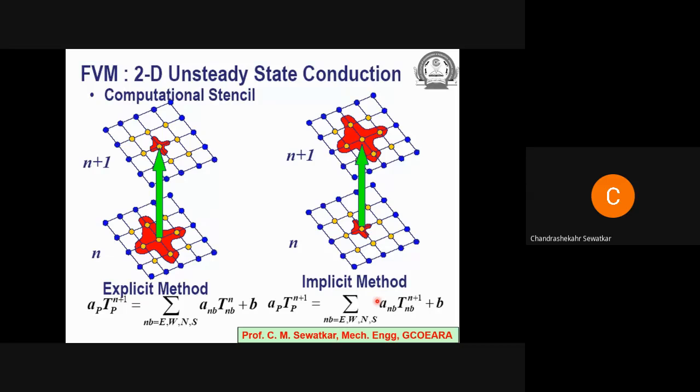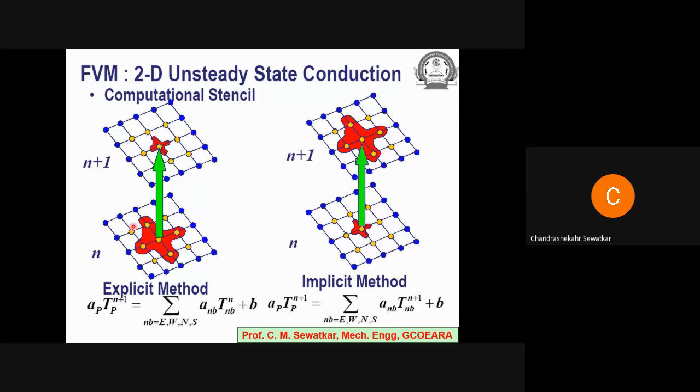Here, I am showing you both the methods diagrammatically. In the explicit method, let's say this is my nth time level of the grid, and from the nth time instant, I want to switch over to n plus 1. Now, this level is known to me from the initial conditions and the boundary condition.